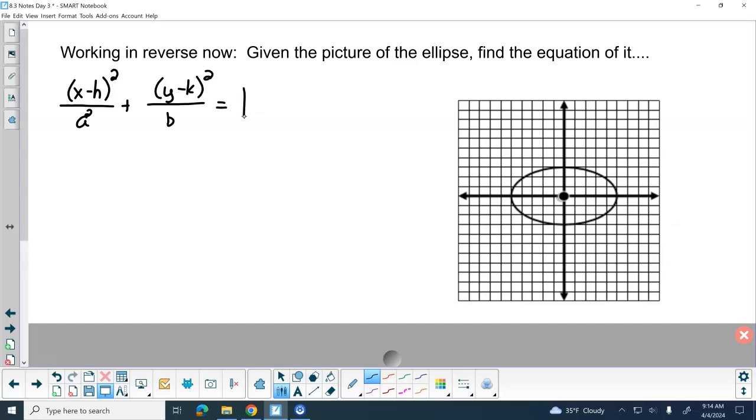Same thing that we did before, we first found the center.